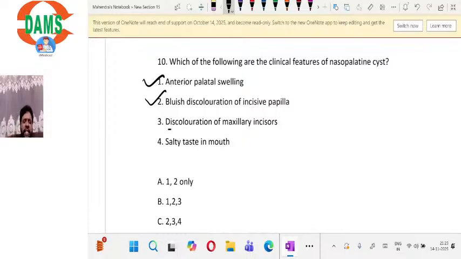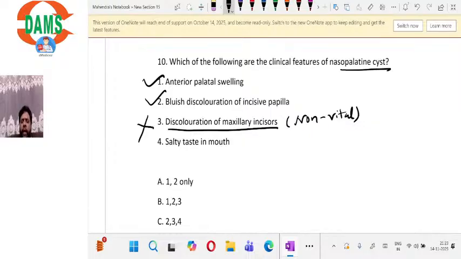Discoloration of maxillary incisors, why should it take place? It is not required. If a tooth is non-vital, then only there will be discoloration. In nasopalatine cyst, the tooth is vital, so you will not see discoloration of maxillary incisors. And you will see salty taste in the mouth. Obviously, because nasal secretions will be there in the oral cavity.